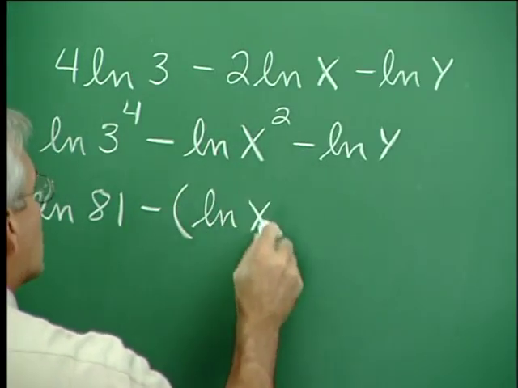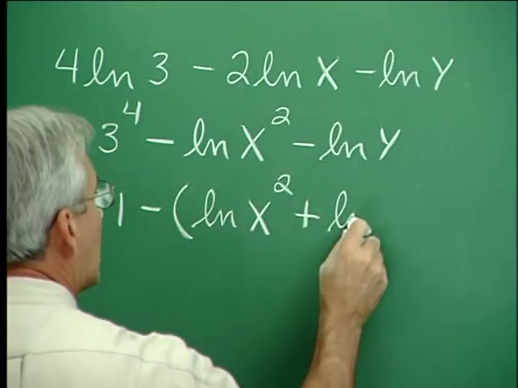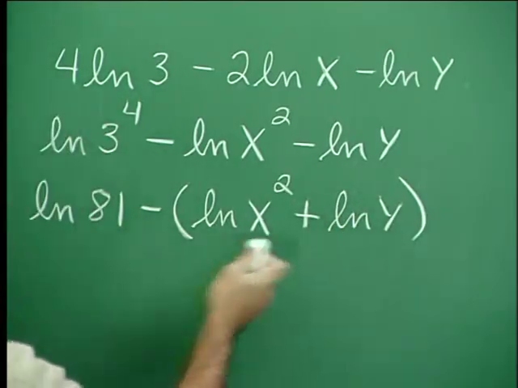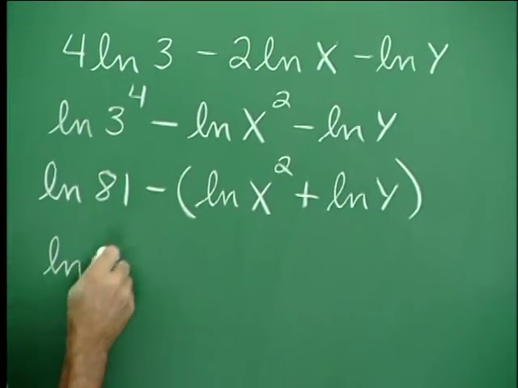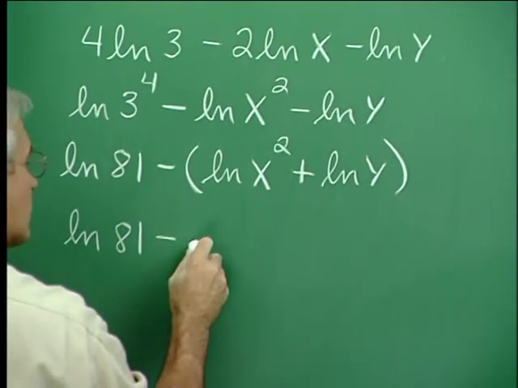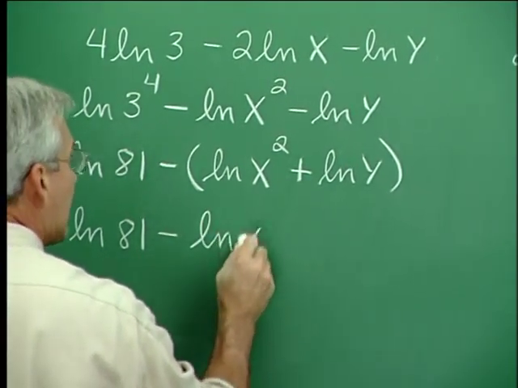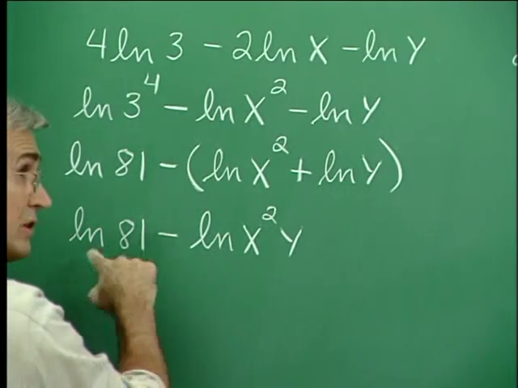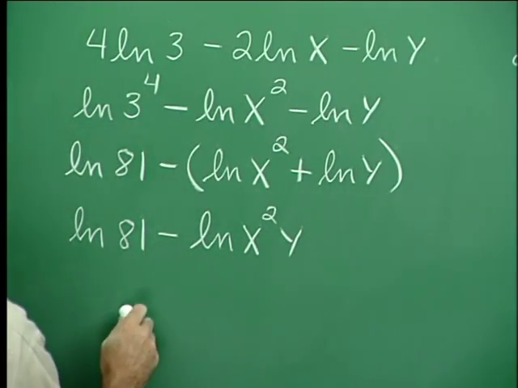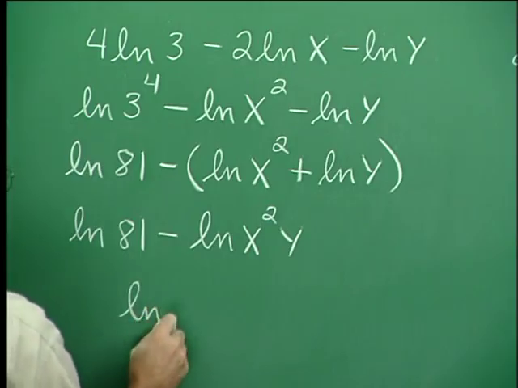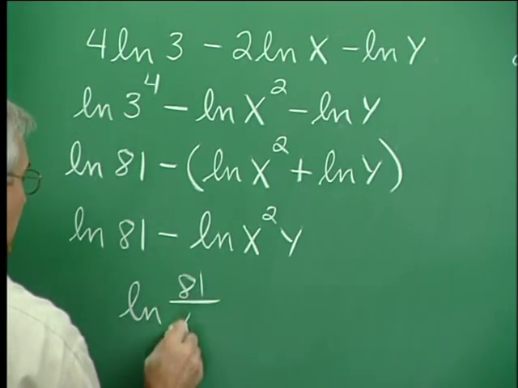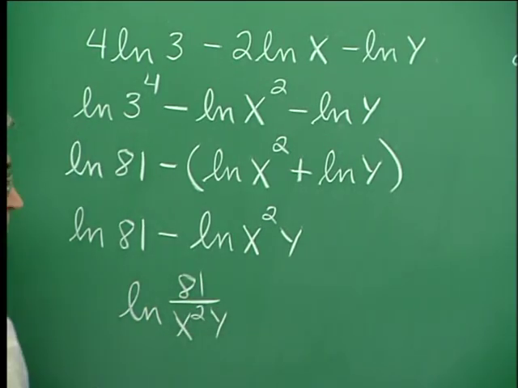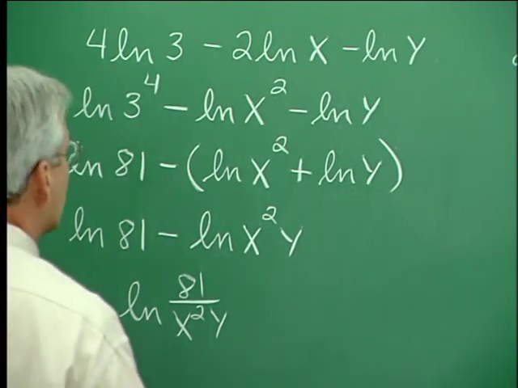I have ln x squared plus ln y, and in parentheses, I can use the product property to write this as ln x squared y. And now, because I have the difference of two logarithms, that's the logarithm of a quotient, so it's ln 81 over x squared y.